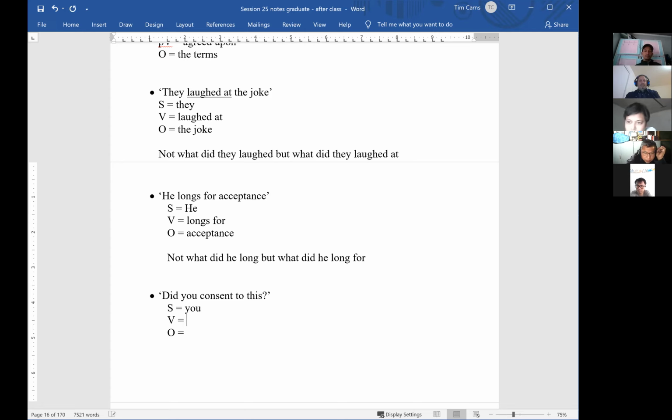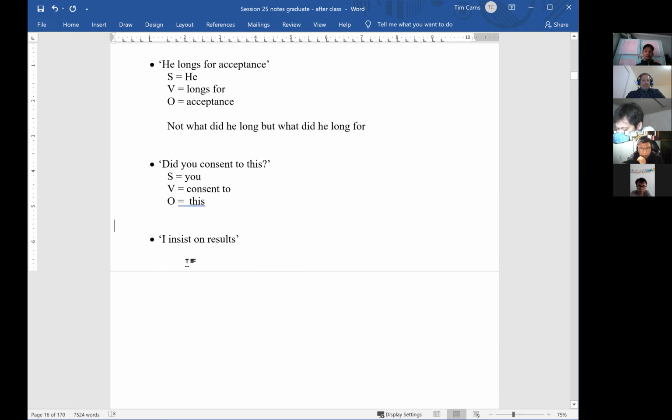Yep. Good. Consent to is prepositional verb. And to this, just this. Yeah, yes, this. Good. Very good. All right. This is the object in that case. All right. Let's do another one here. Have you do another one, Renee? Okay. Subject is I.